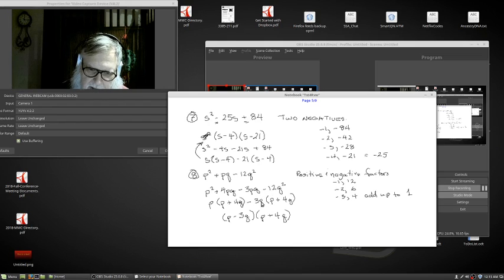That gives us negative 3q times the quantity p plus 4q. Again, we've got p plus 4q in both terms, so we factor it out and we get p minus 3q times p plus 4q. And that has this factored out.